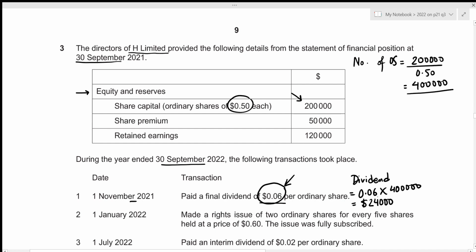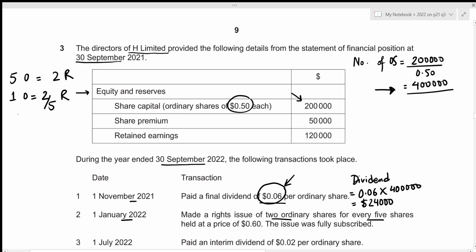Alright, then on the date of 1st January 2022, the company made a rights issue of 2 ordinary shares for every 5 shares held. So this just means that for every 5 ordinary shares in our company, the company provided 2 new rights shares. Let's utilize our unitary method. That is just going to be 1 ordinary share will get 2 by 5 rights shares, right? And we already figured out that the total number of ordinary shares is 400,000.